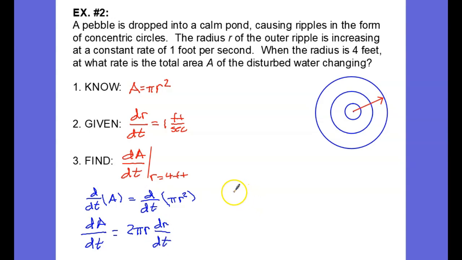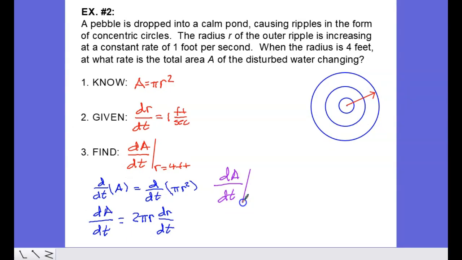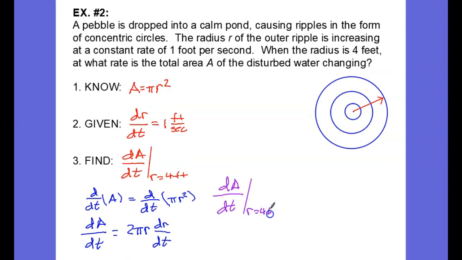Now what we're looking for is dA/dt evaluated at r equals 4 feet. So that'll be 2 pi times 4 times dr/dt, which was given as 1. So this is going to be equal to 8 pi, and this is a change in area per unit time, and so it's going to be square feet per second.